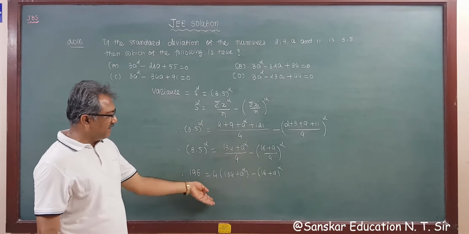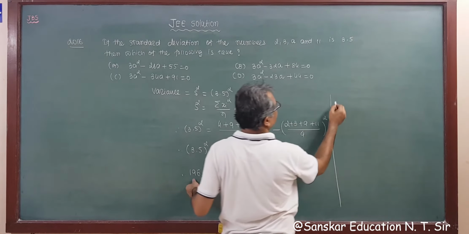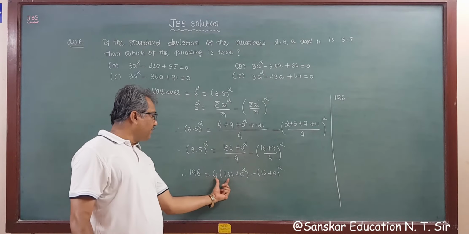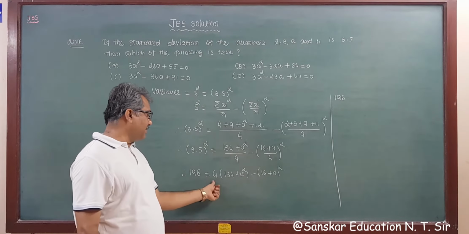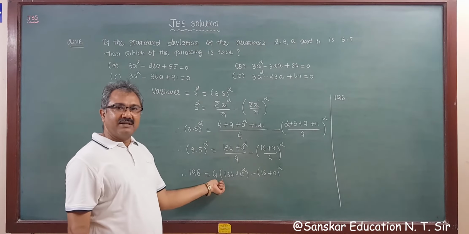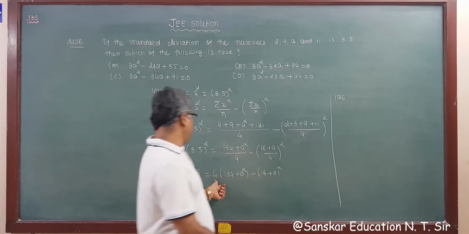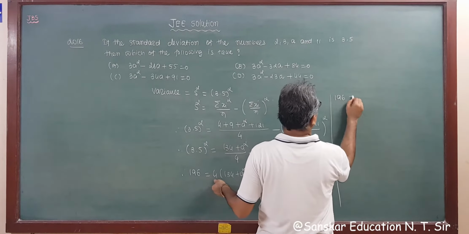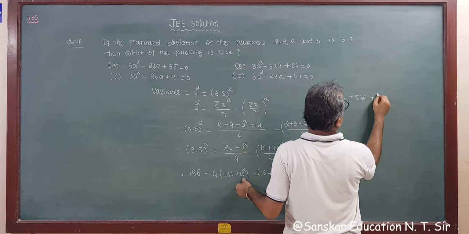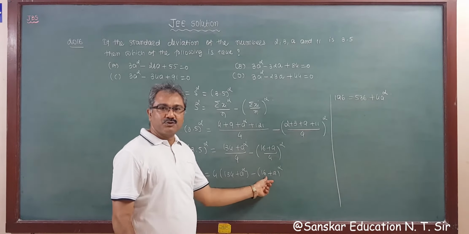Now we need to simplify this. So 134 into 4 is 536, plus 4a square.